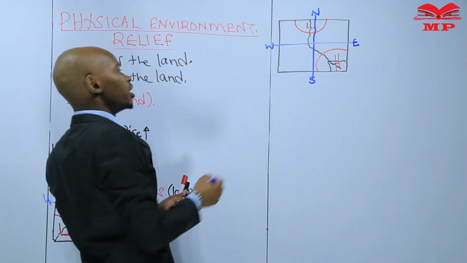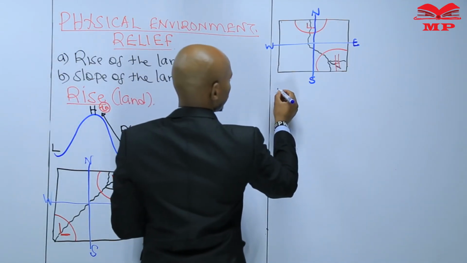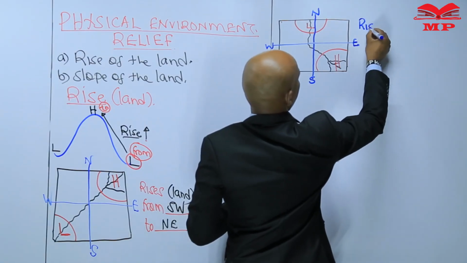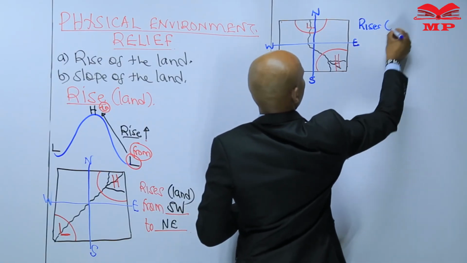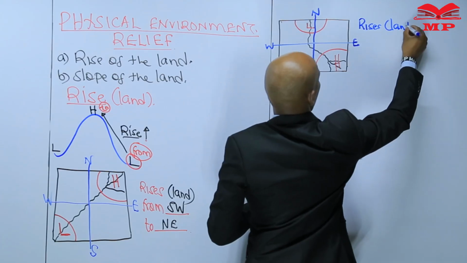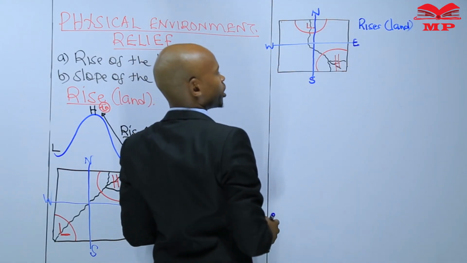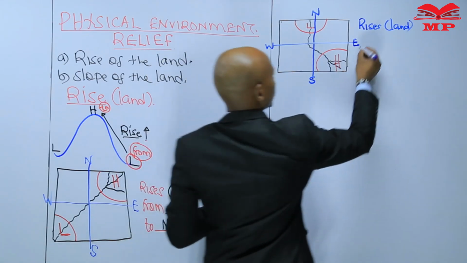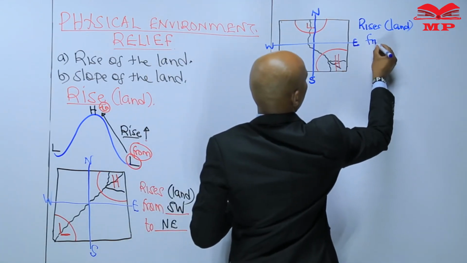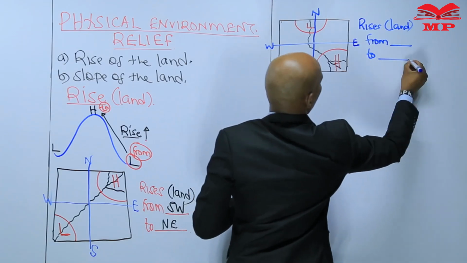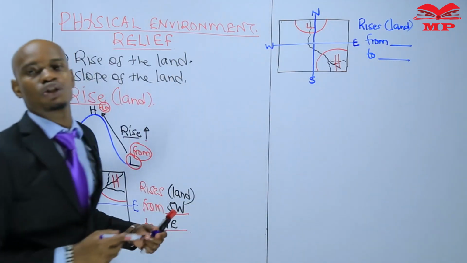And our question is, this area rises, the land. Let me put in the bracket so that you don't confuse yourself with the river. The land rises from dash to dash. From to.